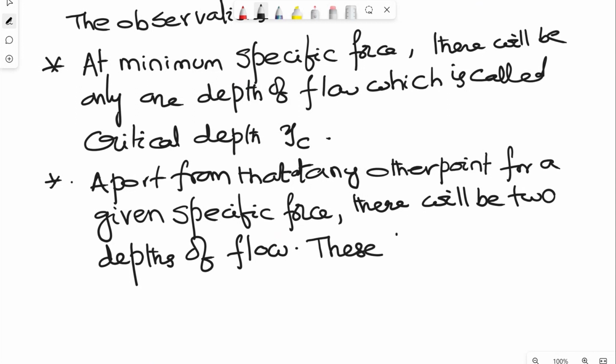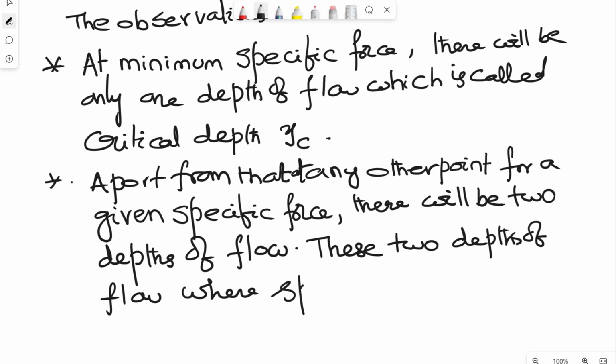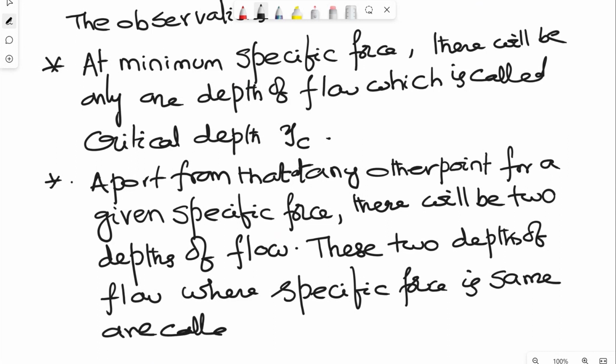These two depths of flow, where specific force is the same, are called y1 and y2, the conjugate depths.